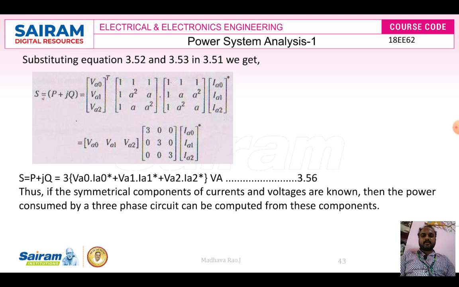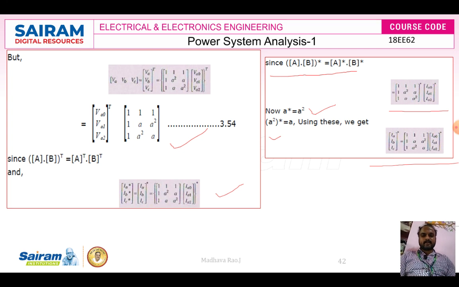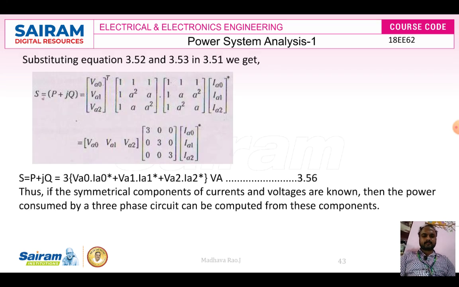If you simplify, you will get finally this relation: S is equal to VA0, VA1, VA2 into the matrix 3 0 0, 0 3 0, 0 0 3, into IA0, IA1, IA2 whole conjugate.